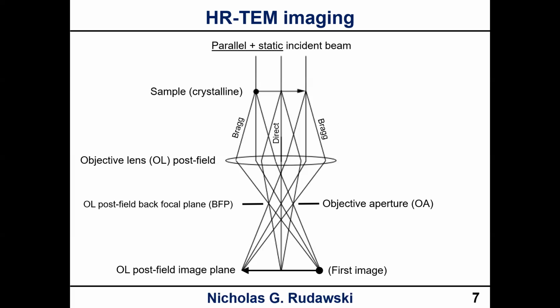A direct component means that portion of the electron wave is traveling the same direction as the incident beam. You also have components which have been Bragg scattered. Notice with direct, I didn't use the word unscattered.